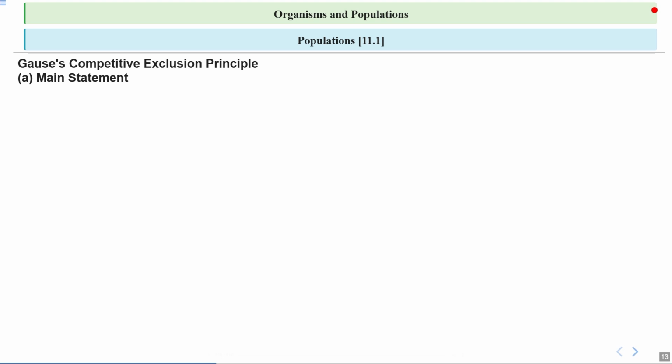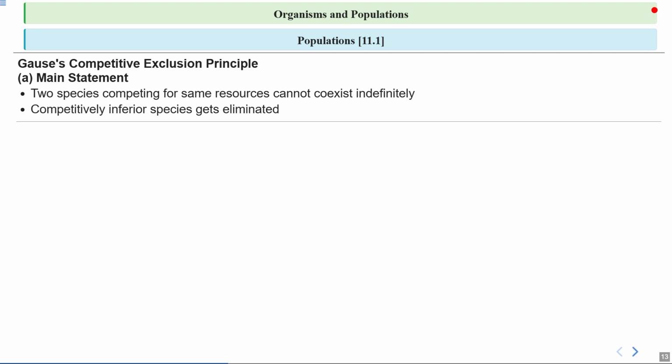One of the species will outcompete the other. The inferior species will be outcompeted by the superior species. The species which is less efficient or weaker will perish, so the competitively inferior species will get eliminated.